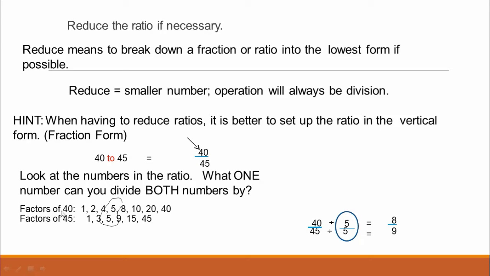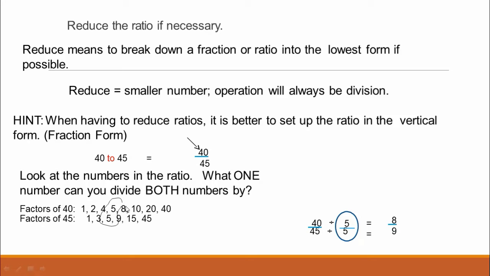There are numbers which divide 40 and which divide 45. So first of all, find the factors of 40. The factors of 40 are 1, 2, 4, 5, 8, 10, 20 and 40. Similarly, the factors of 45 are 1, 3, 5, 9, 15 and 45.